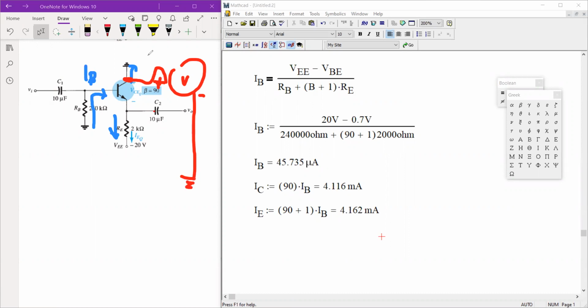As you can see, we do not have any potential difference. So your collector voltage is equal to 0. V sub C therefore is equal to 0 volts. As you can see, it's the easiest of the three.